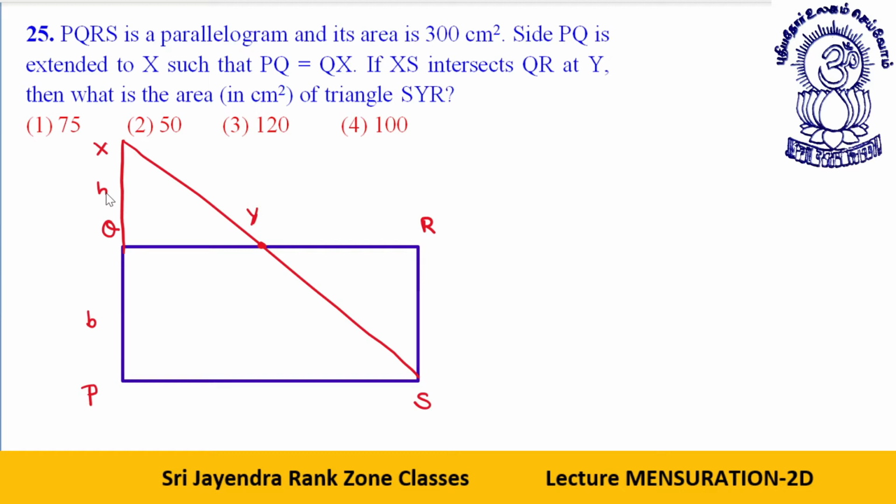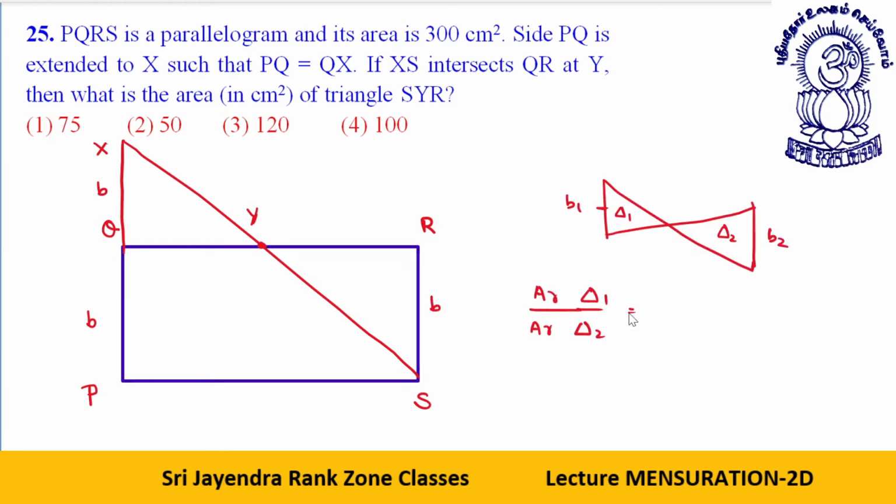Let's say this is b1, this is b2. That will be b1 by b2 whole square. In this case, it is b by b square, that is 1 is to 1. So this area is also 1, this area is also 1, so both these areas are equal now.